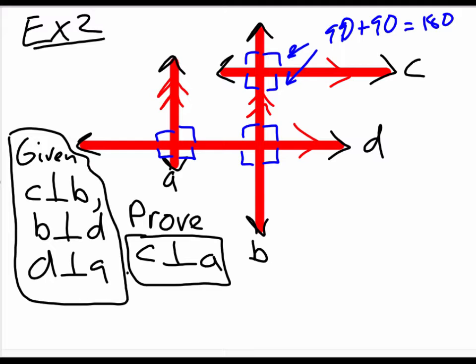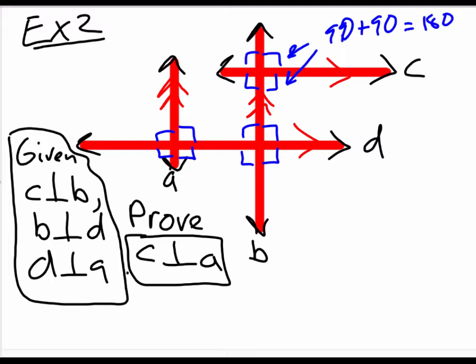Yeah, or an easier way, this is what your book says, let me just read it. It says, line C and D are both perpendicular to line B, so C is parallel to D, we mark that. Because these two lines are perpendicular to the same line, they are parallel. It is given that D is perpendicular to A, therefore C is perpendicular to A, because the line that is perpendicular to one of these two parallel lines is also perpendicular to the other. And it's called the perpendicular transversal theorem.